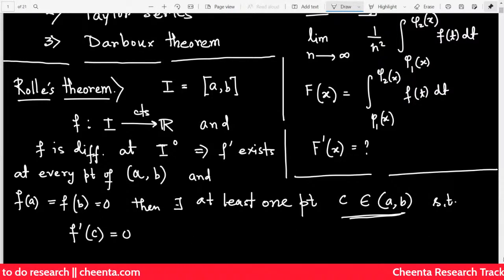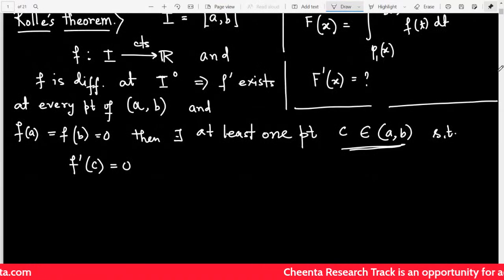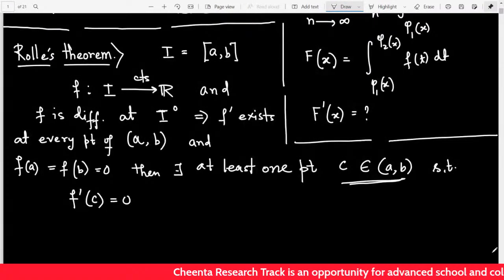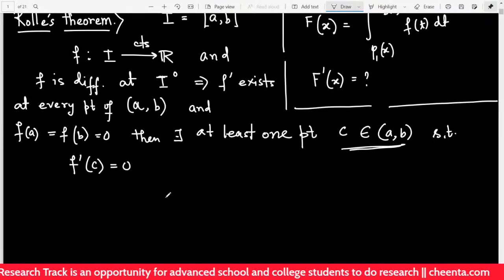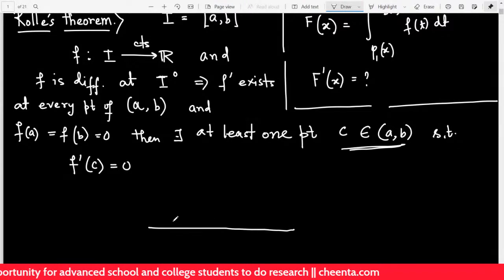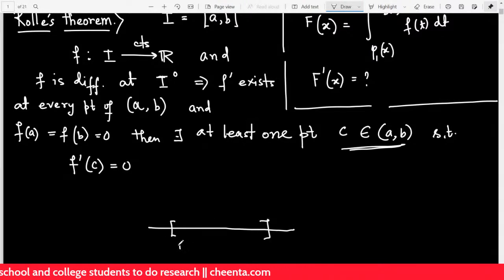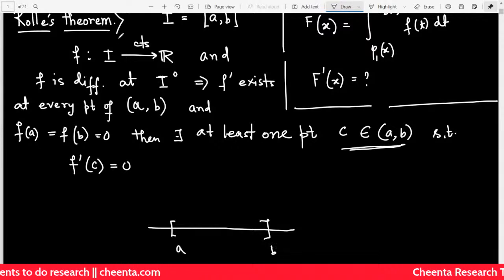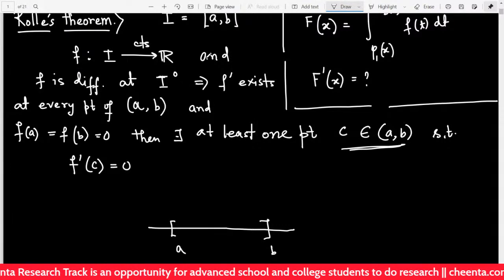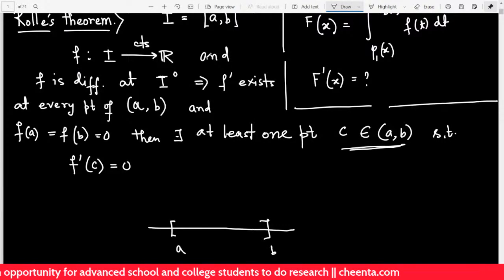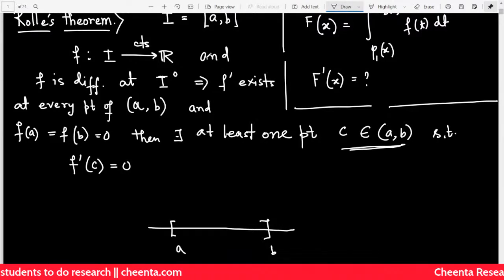So what does Rolle's theorem geometrically tell us? Rolle's theorem is something that is very much connected with continuity. The fact is that since it's a closed and bounded interval [a, b] and since it is continuous, any closed and bounded interval is practically a compact set in R, and if you take any continuous function over a compact set, it always attains its supremum and infimum.